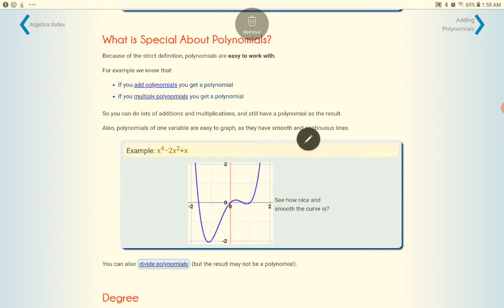You can also see that it's smooth, right? I'm not making any sharp changes. It's just a smooth curve, no abrupt turns. So it's nice and smooth. You can divide polynomials like we said above, but the result might not be another polynomial.